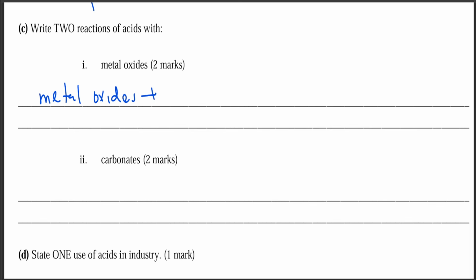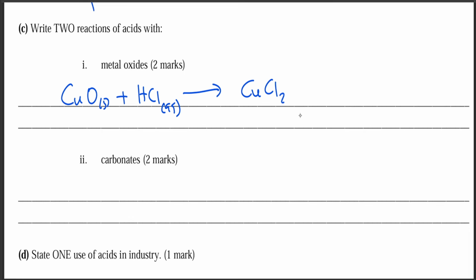Let's give an example: copper oxide, which is solid, plus HCl, which is aqueous, is going to give you copper chloride, which is CuCl2, because copper has valence 2, chlorine has valence 1, and therefore you're going to get copper chloride plus water.